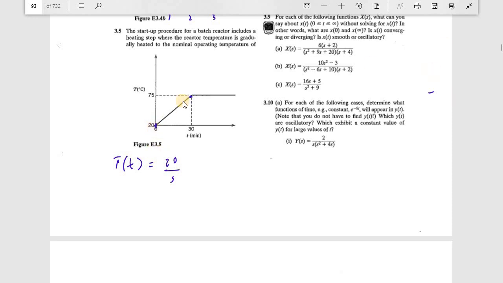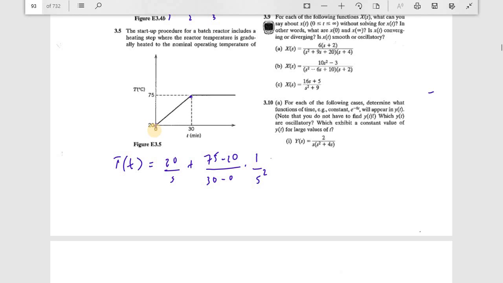Then there was a slope from here till here, and the slope is delta y, which is 75 minus 20. This is a positive slope, so it's 75 minus 20 over 30 minus 0, and that is 1 over s squared because it is a slope.